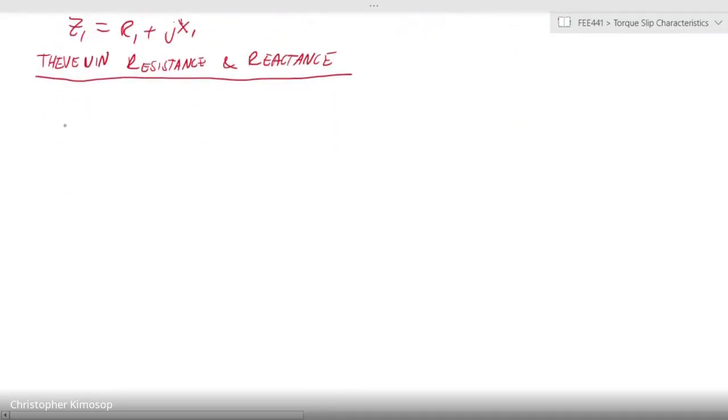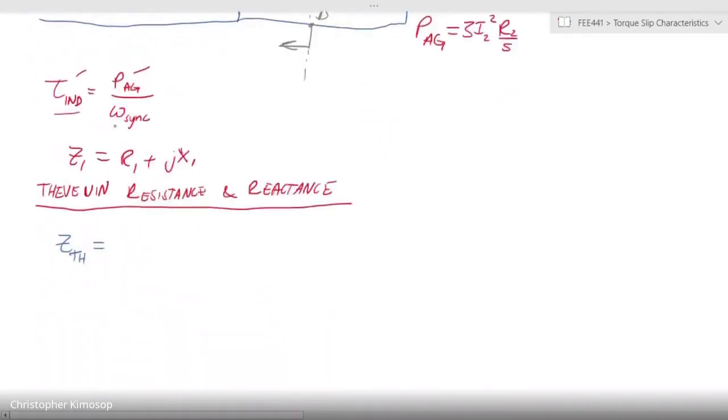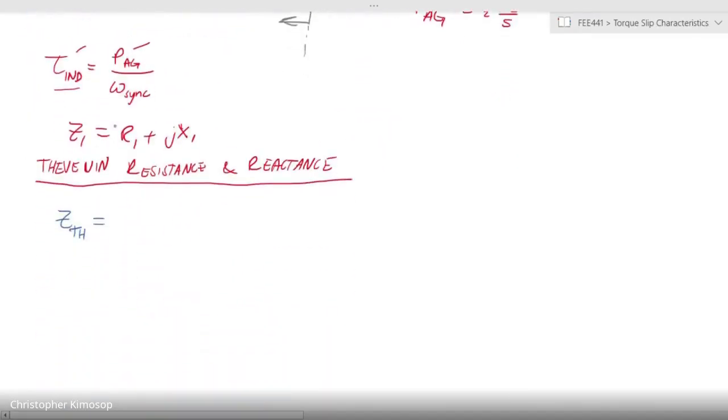So we use Thevenin's theorem and we look into section AB. And when we look at it from that point of view, we say we have Z1 parallel to Z2. And this is equivalent to R1 plus JX1 being parallel to JXM, right?